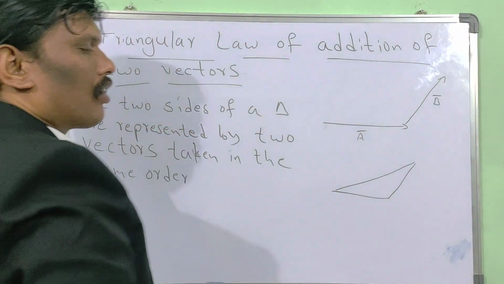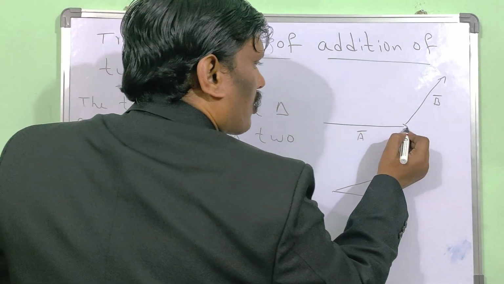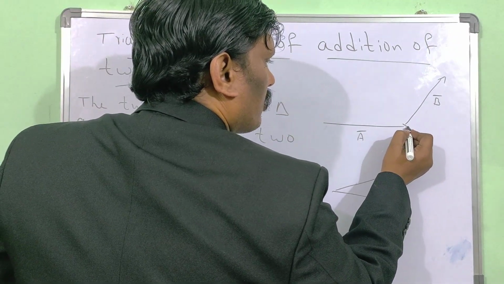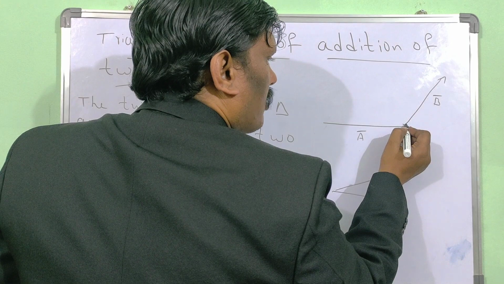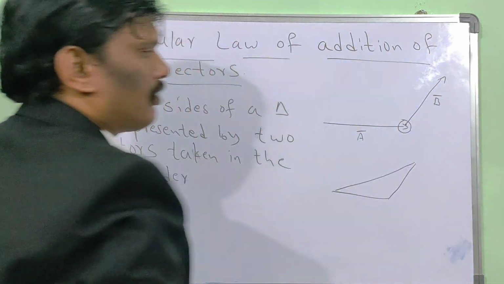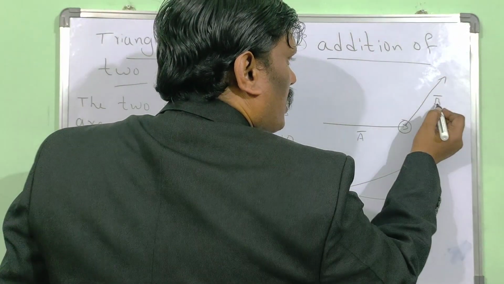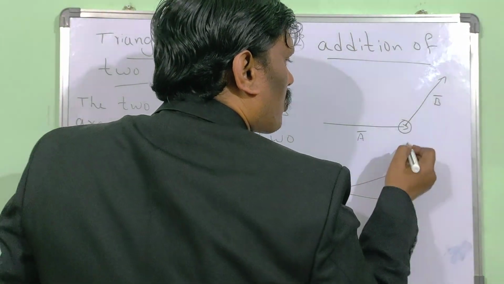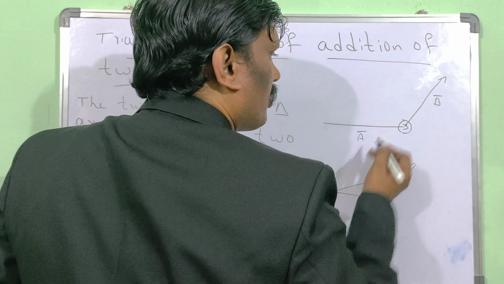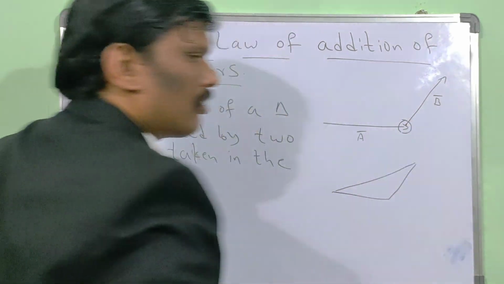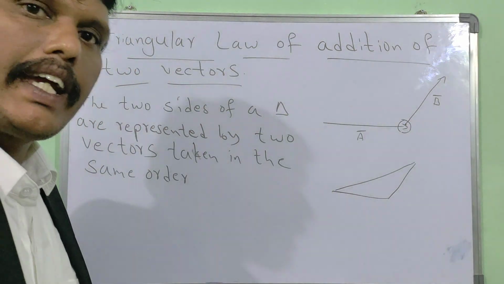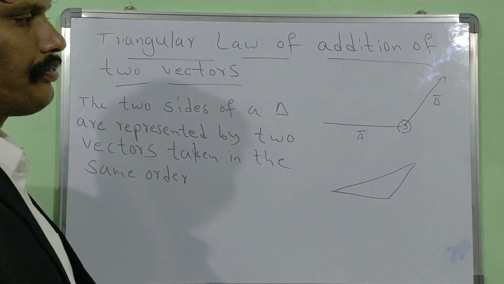What is the meaning of same order? First vector head, second vector tail, both meet at one point. At that time we consider these two vectors as taken in the same order.